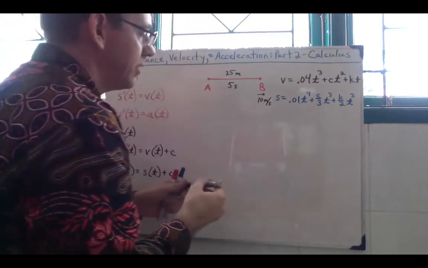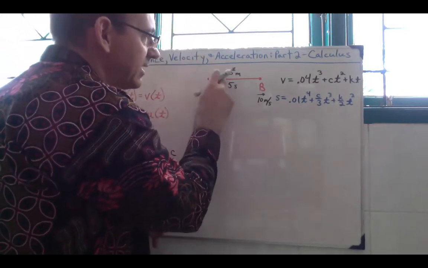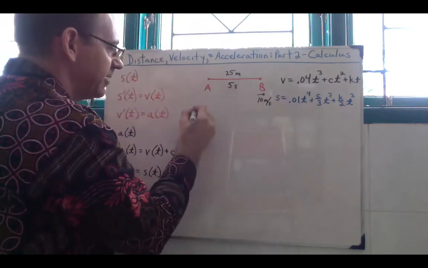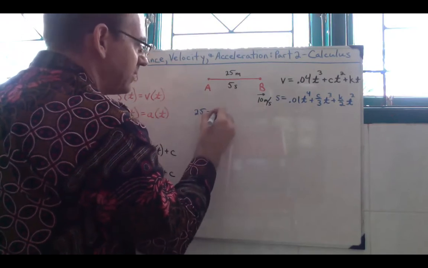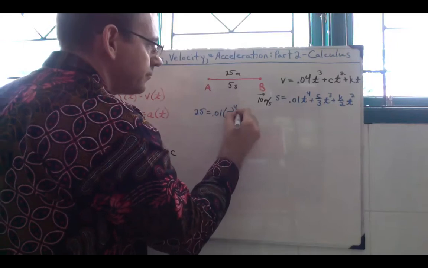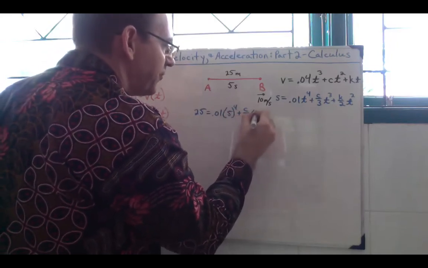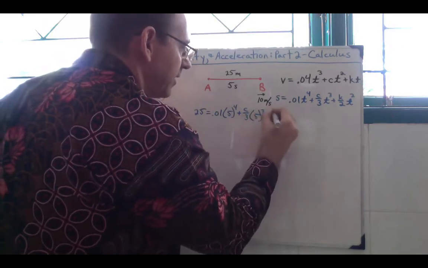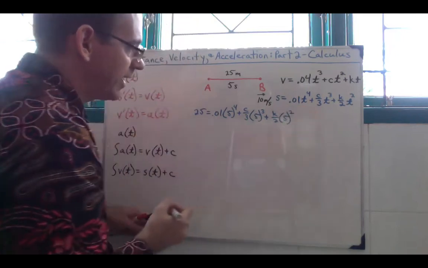So what we want to do is plug in our 5 seconds and our 25 into here. So we get 25 equals 0.01 times 5 to the 4th plus c over 3 times 5 cubed plus k over 2 times 5 squared.